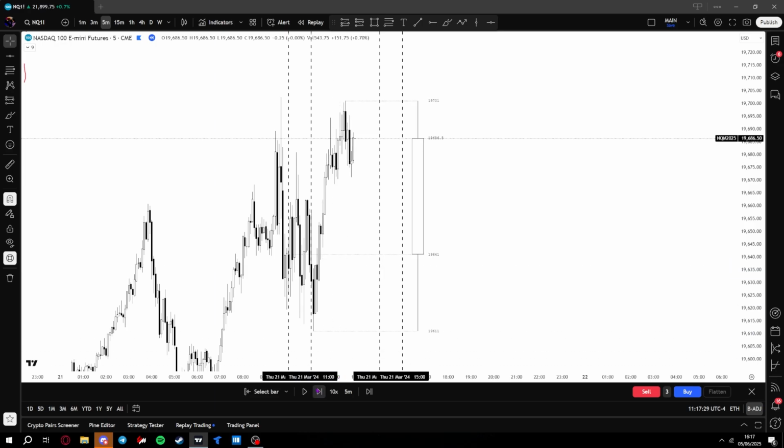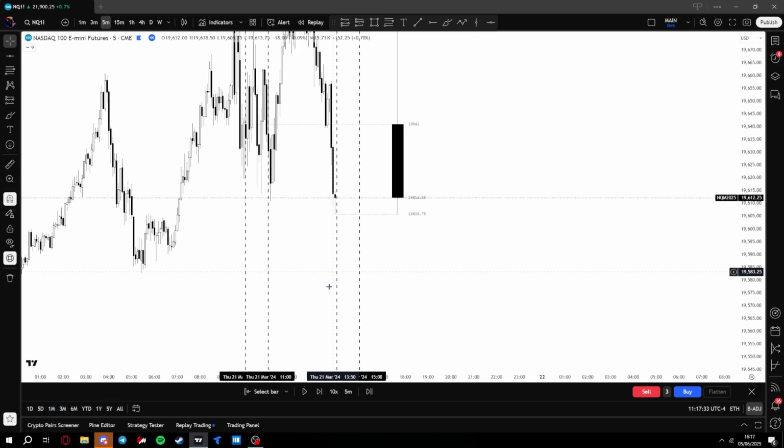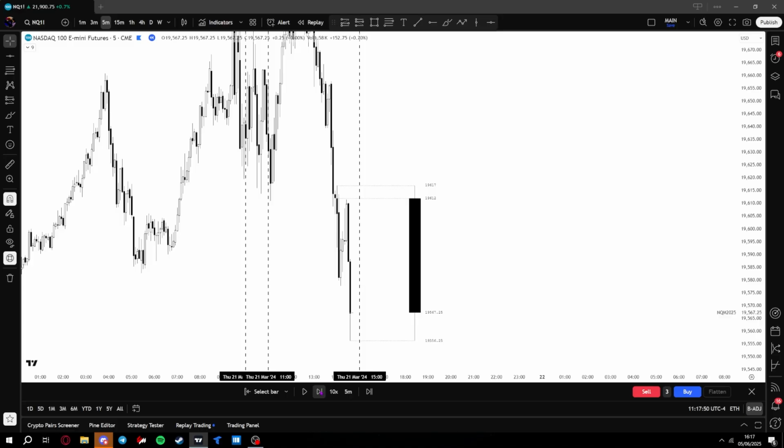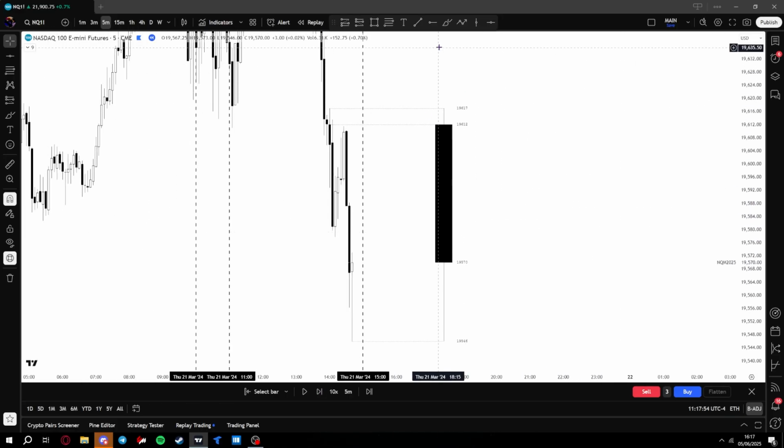But now we look for another short on here. It's going to be another fair value gap.